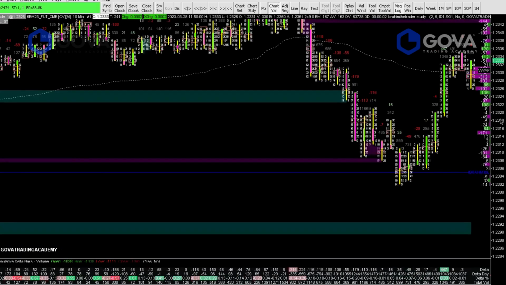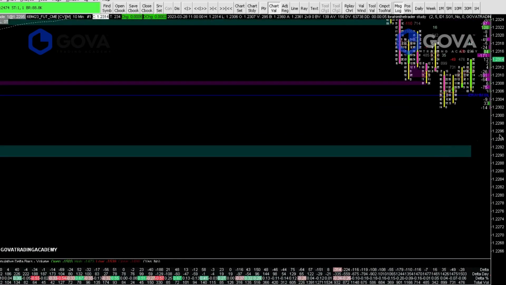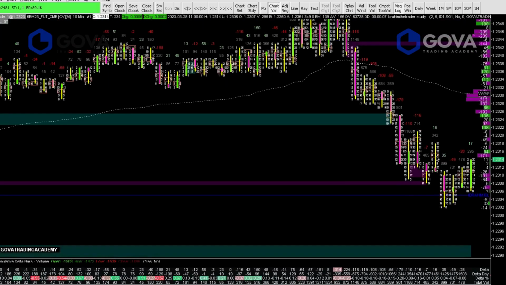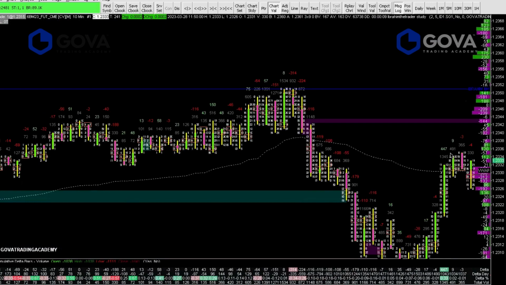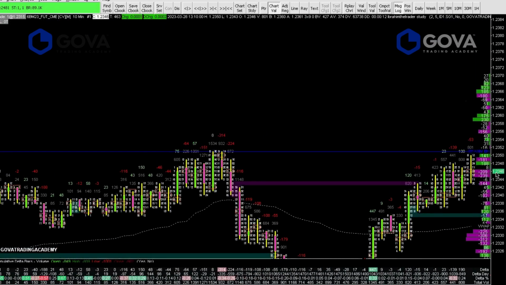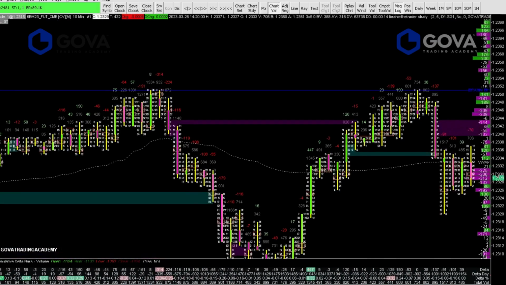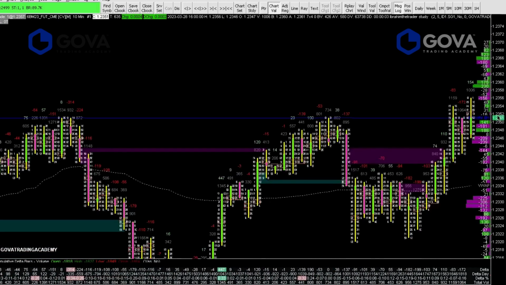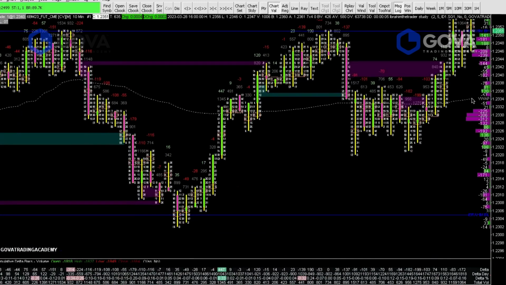So this is the footprint chart, and this is the zone on the footprint chart.